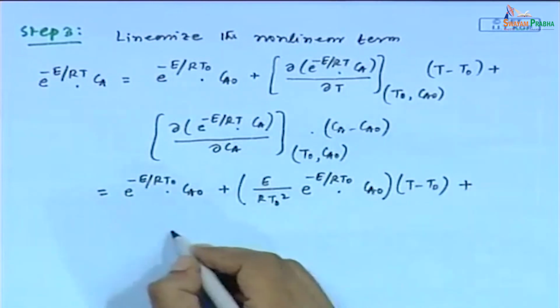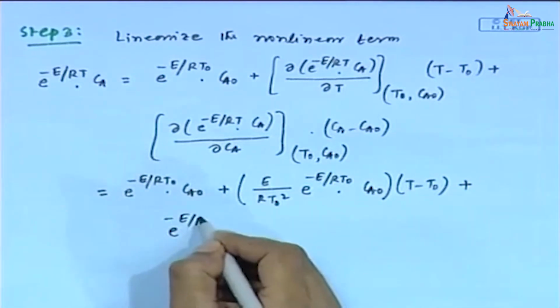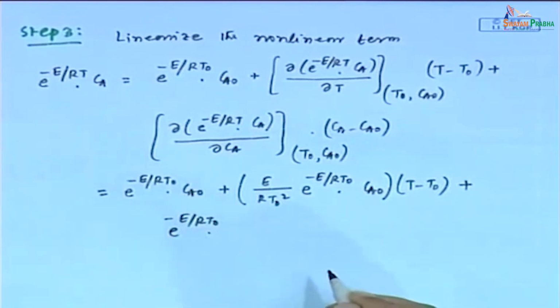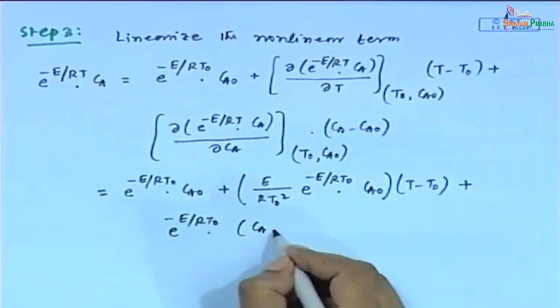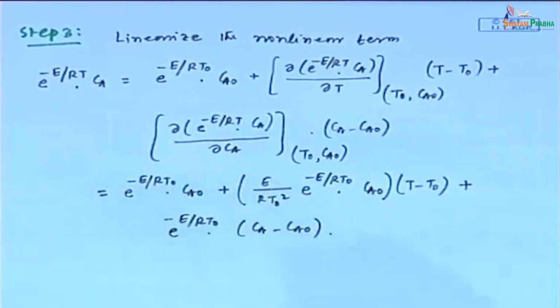Third term will be exponential of minus E divided by R T naught into CA minus CA naught. Fine. So, in this third step we have just linearized the nonlinear term.